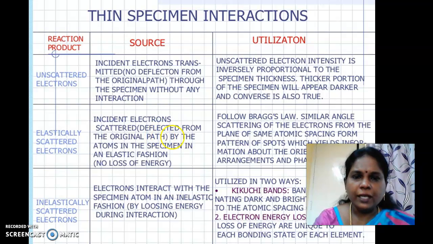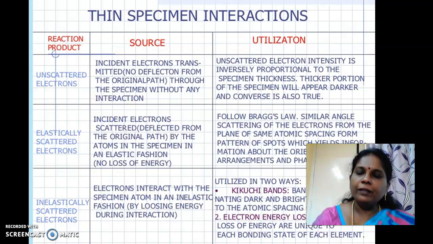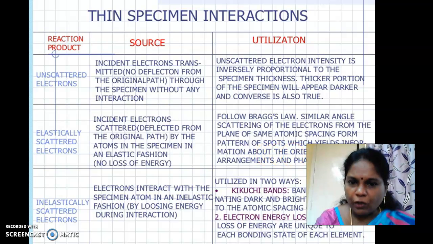They obey Bragg's law of diffraction, and therefore when the incident electron interacts with atoms in the same atomic plane, they get scattered at the same angle, and these same-angle scattered electrons form spots in the diffraction pattern. From that we can extract information about the orientation, atomic arrangements and phases present in the specimen.